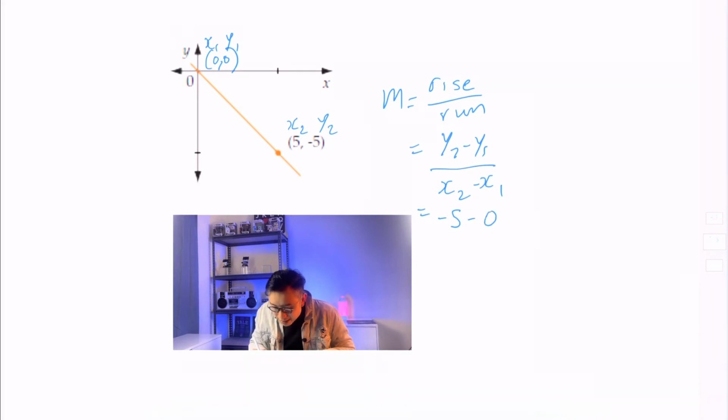And you subtract 0, which is your y1 in this case. How about your x2? Well, your x2 is 5. And you minus your x1, which is 0. So what is negative 5 minus 0? Well, it's negative 5. And 5 minus 0 is 5. And your gradient is negative 1.